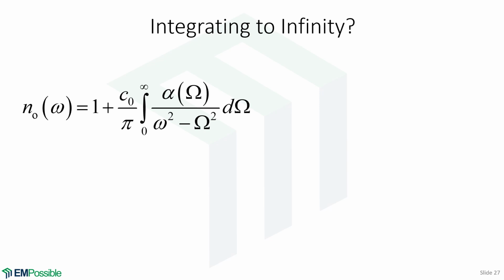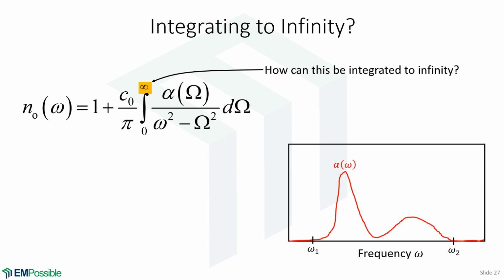Looking at this equation long enough again, there's another problem. We have to integrate all the way up to infinity. How on earth do we do that? Does that mean we have to take measurements all the way up to infinity? Well, I apologize for my hand sketch here, but what I've drawn is a typical absorption spectrum as a function of frequency. What we can see is it does a bunch of stuff, but usually there's a lower and an upper frequency, and below the lower frequency, it's 0.